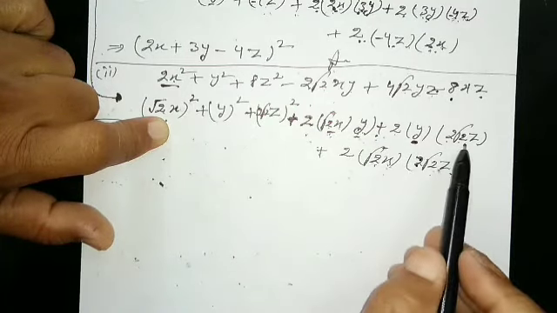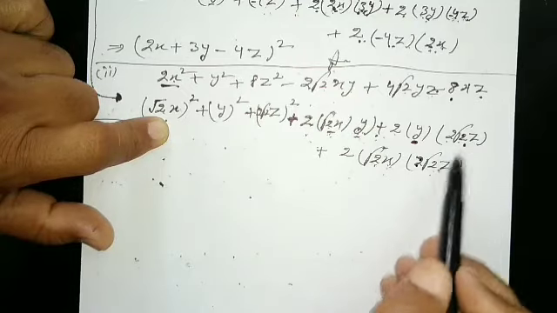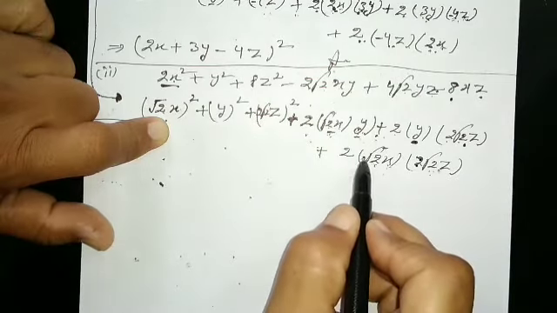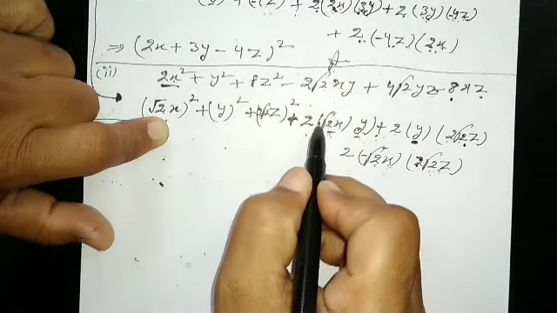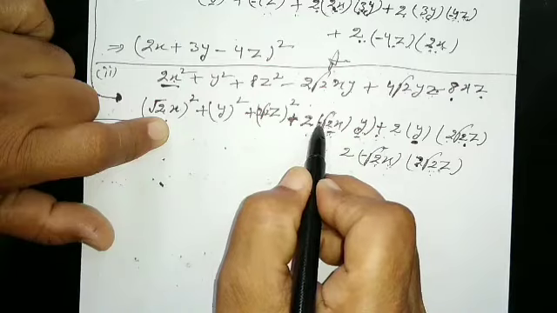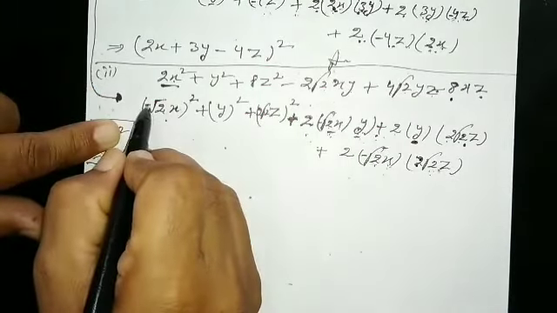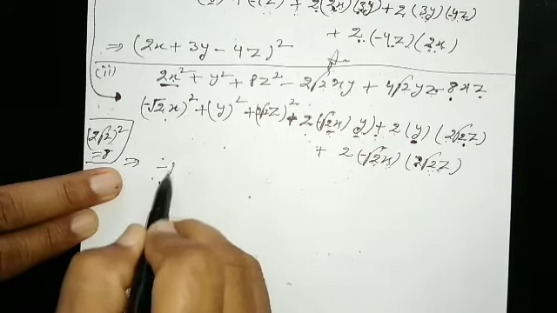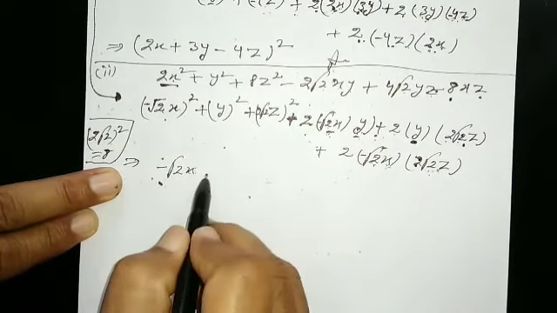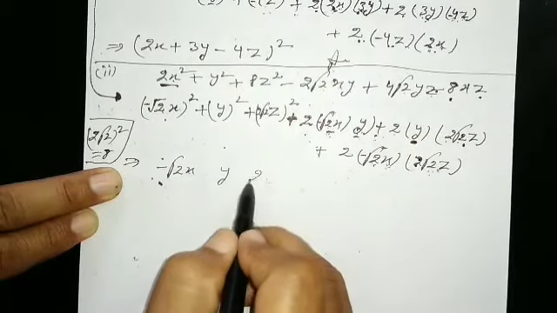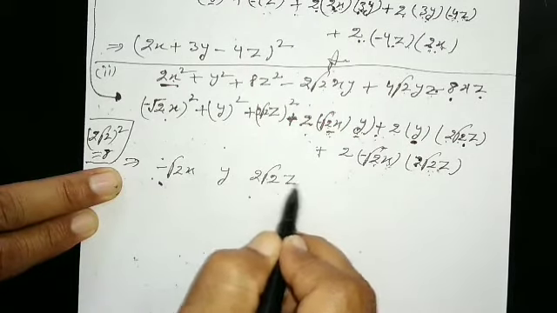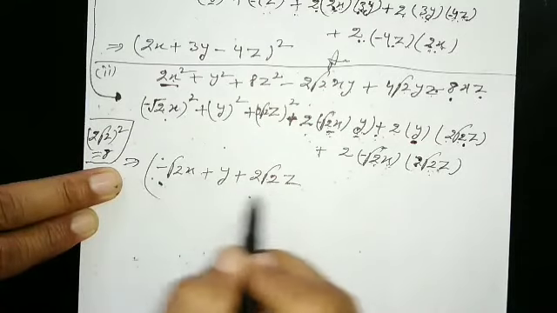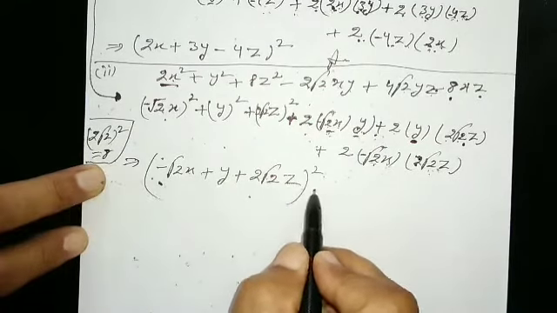But in the second term it is clear that 2 root 2 z is positive. So the remaining one is negative. So keep this term negative, right? Now this is root 2x, this is y, this is 2 root 2 z. This positive, y positive, this negative, and this is all square.